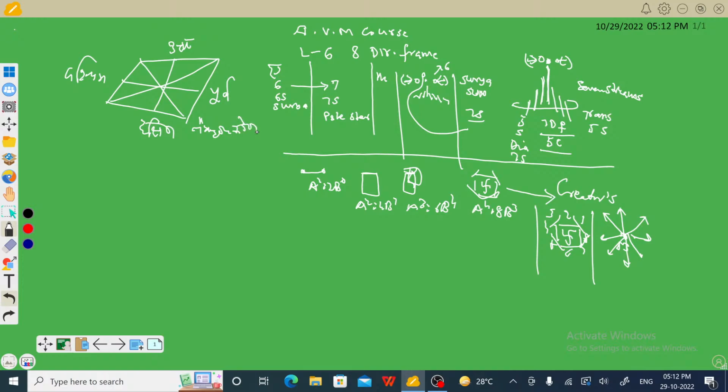It is northeast, which is agni kon. Then it is northwest, it is vaiva kon. And here is southwest, which is ishan kon.